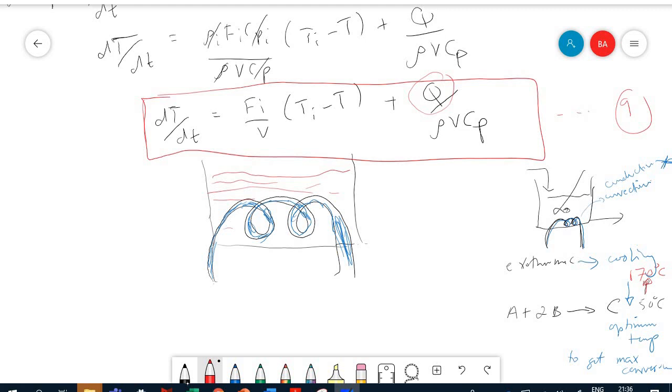So what we're trying to say is there is a convection between the liquid and the solid material, which is the wall of the coil, and there's conduction within the coil itself, where the heat goes through the thickness of the coil, and there's a convection term from the coil to the liquid which is inside the reactor.